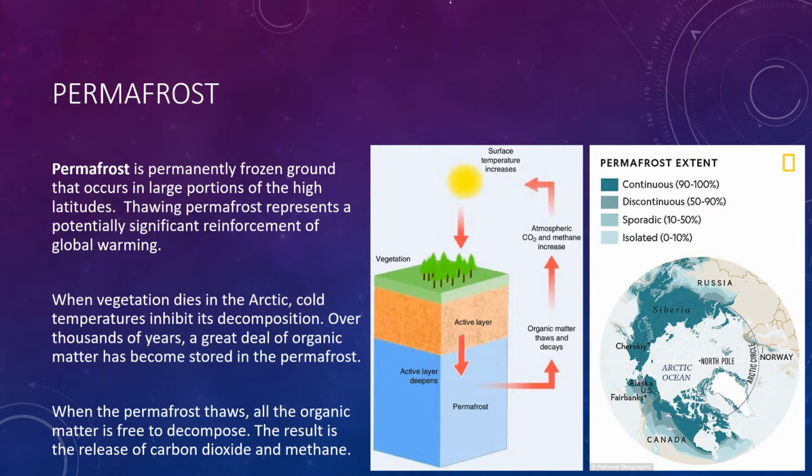But when the permafrost thaws, organic matter that may have been frozen for millennia comes out of cold storage and begins to decompose. The result is the release of carbon dioxide and methane, both greenhouse gases that contribute to global warming. Thus, like decreasing sea ice, thawing permafrost is a positive feedback mechanism that will make global warming worse.